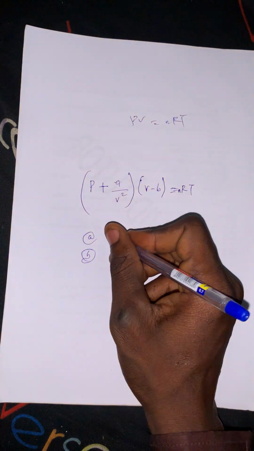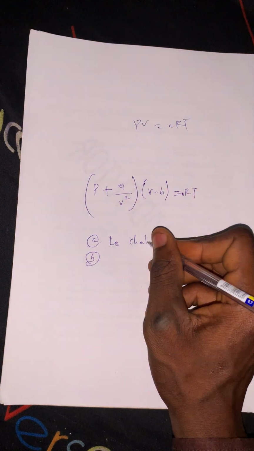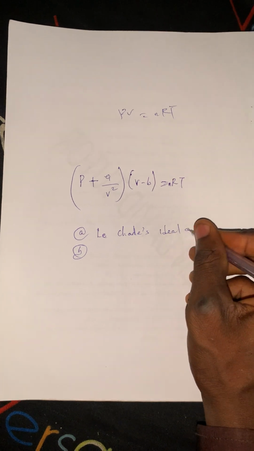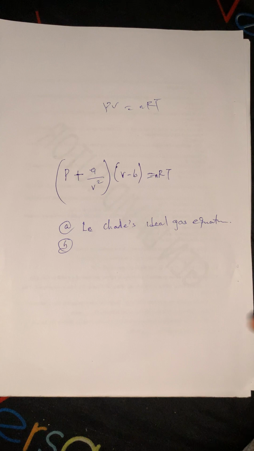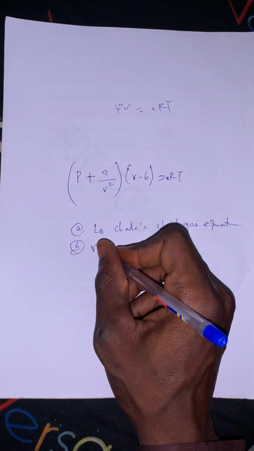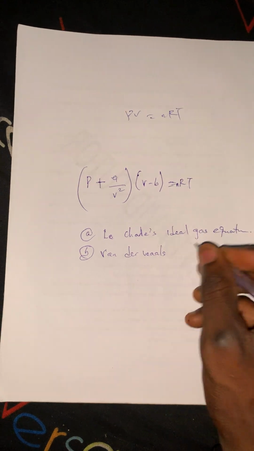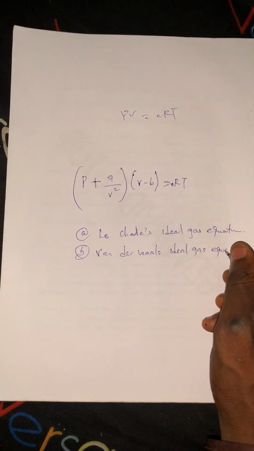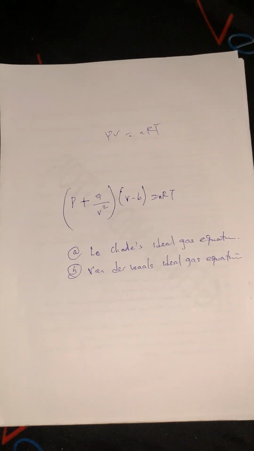We have the Charles ideal gas equation, and we have the van der Waals ideal gas equation. So let me know which of the two is equal to this.